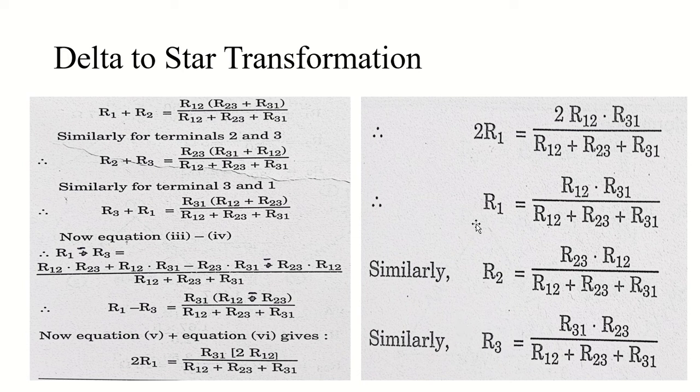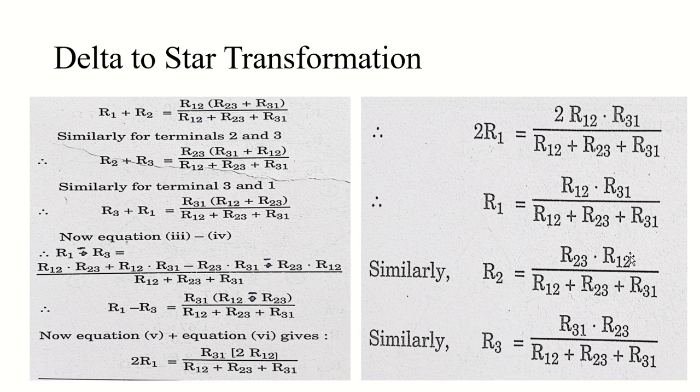Now in order to convert this star transformation to delta transformation, we will go reverse. So now let's try to multiply the values of R1 and R2. If I multiply the values of R1 and R2, what will I get? I will get the multiplication of R12 into R31 into R23 into R12 again. See, here we have R12 again.